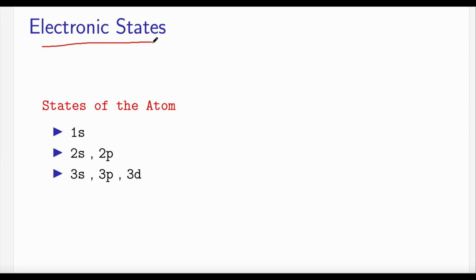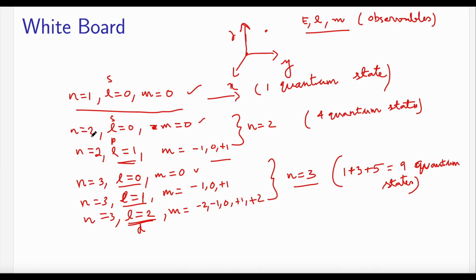How do I define the electronic states? So the electronic states, say for the hydrogen atom, what is 1s? This is 1s. So let us change the color here.